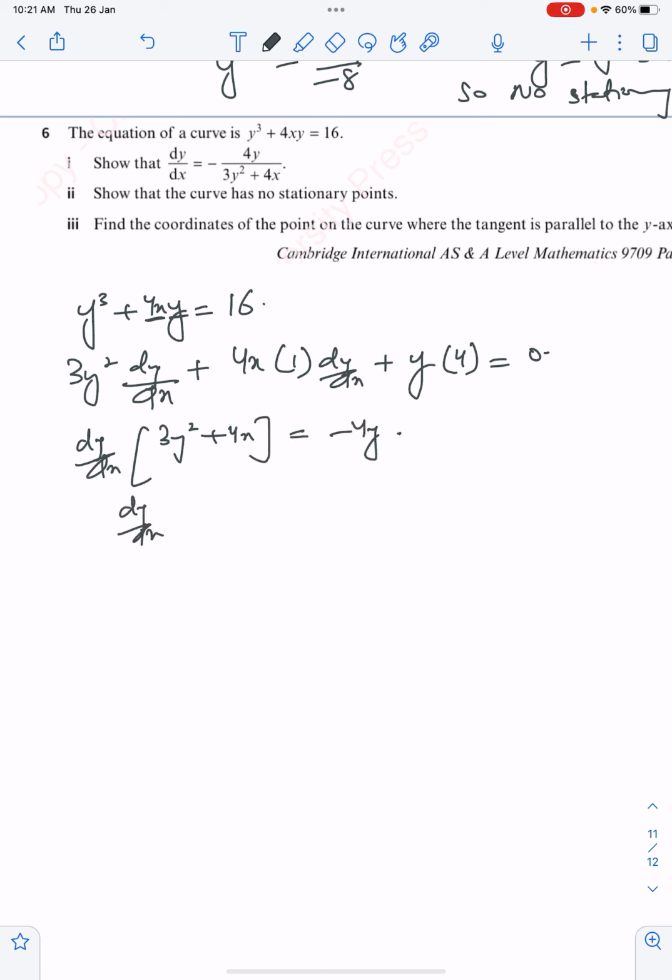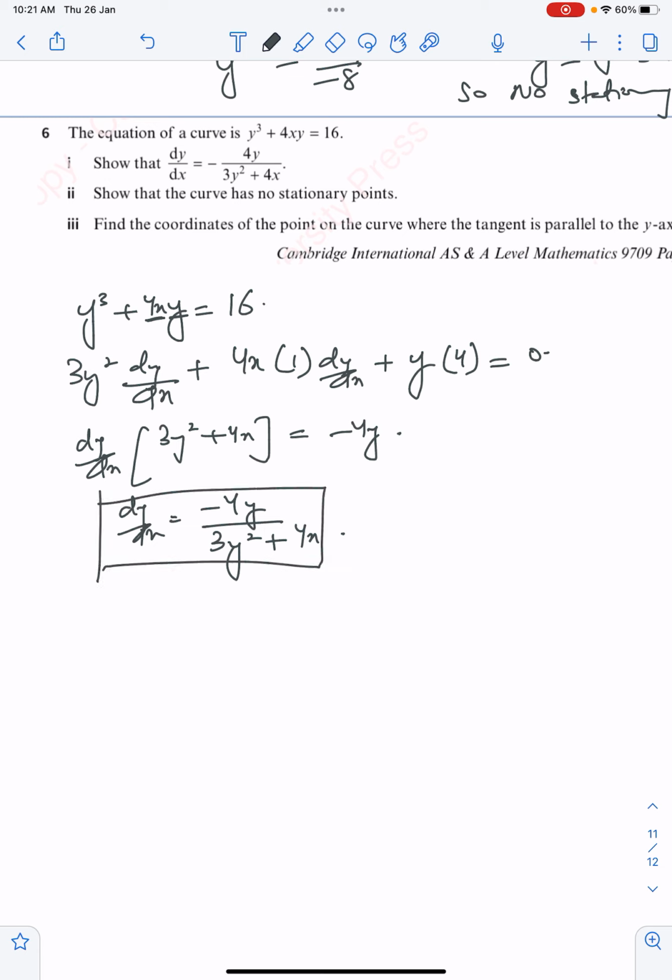So dy by dx is going to be minus 4y upon 3y squared plus 4x. This is the answer of the first part.